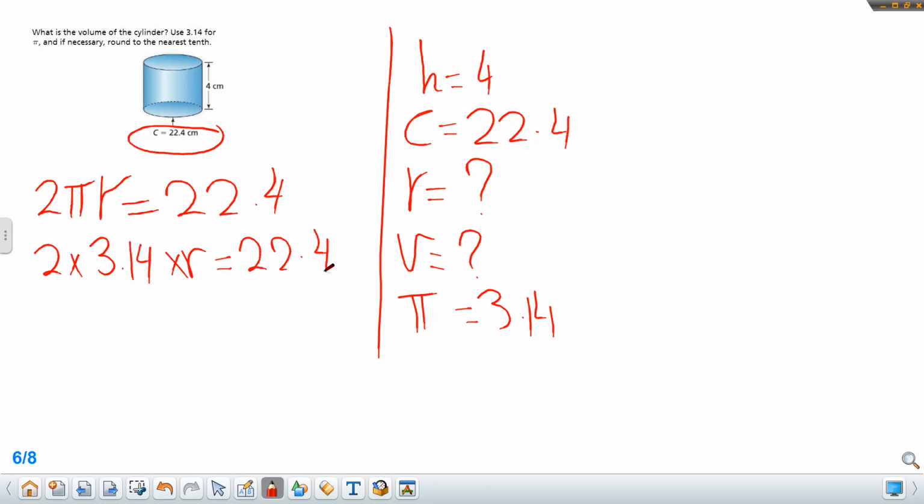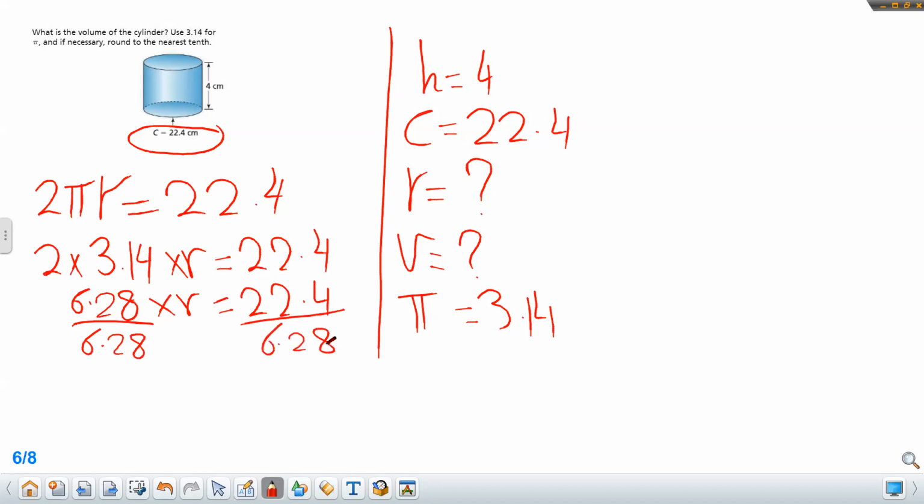Then multiply 2 times 3.14, it will be 6.28 times radius equals 22.4. Then divide both sides by 6.28. Then divide 22.4 by 6.28.